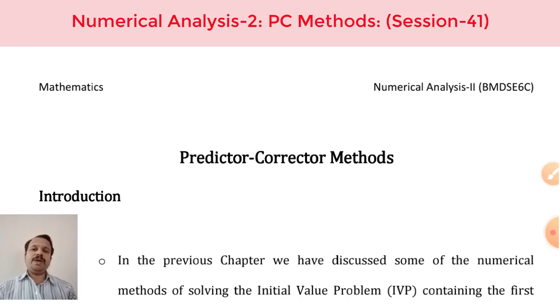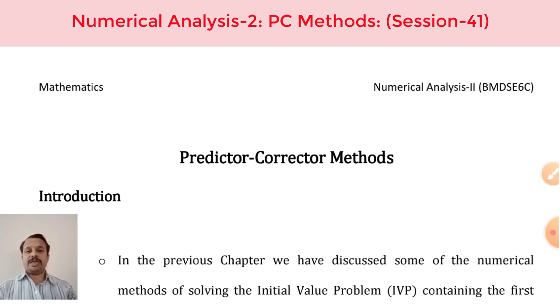We have been observing how the solution, that is the approximate value of y, is going towards accuracy, that is how best we can make the solution more and more better.